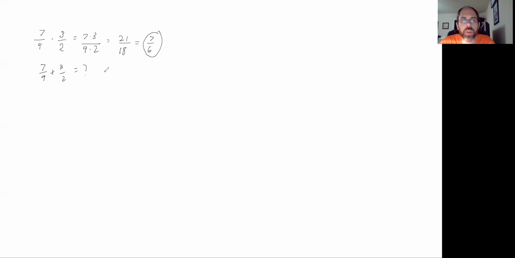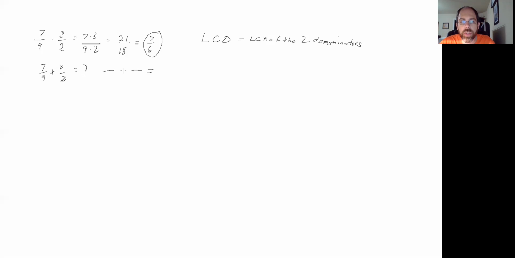What I need ultimately to find is the common denominator in both of these cases, and I'm going to leave both the numerator and the denominator blank. This is what we call the least common denominator. The least common denominator is simply the least common multiple of the two denominators.